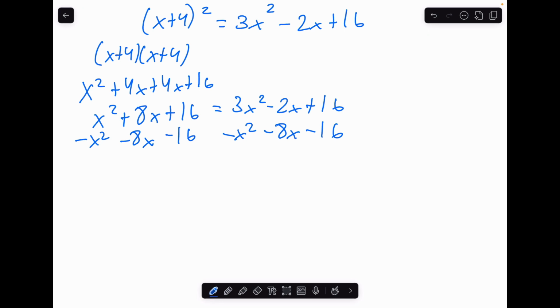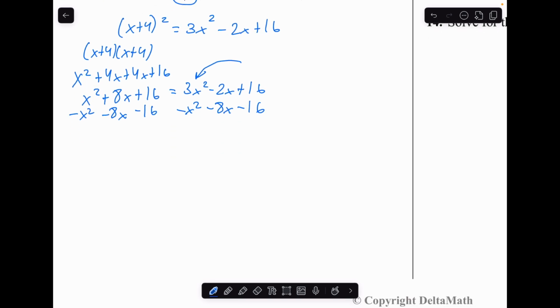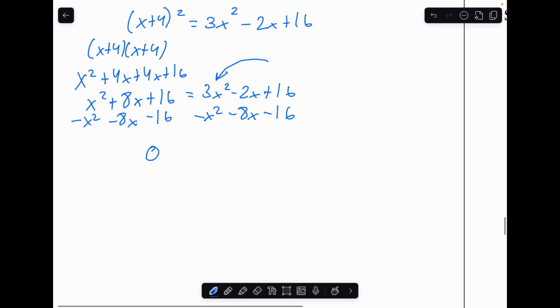I want to keep the term with the highest power positive, so I'm moving everything to the right-hand side. So we get 0 equals 2x squared minus 10x, and then the rest actually cancel. So this is what we're left with.